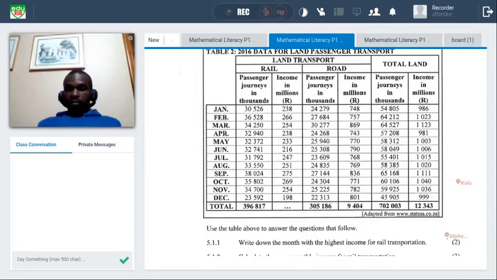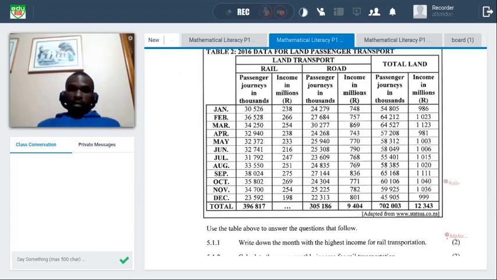Let's read the information on the table. The land transportation: you have the rail, you have the road, and the total land. The passenger journey is in thousands. That means the answers you have below are in thousands.